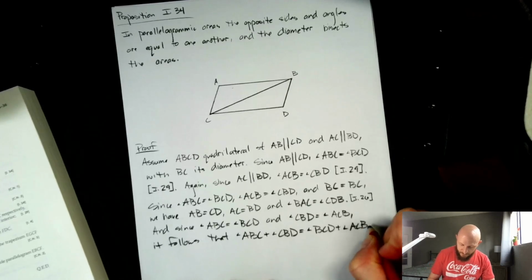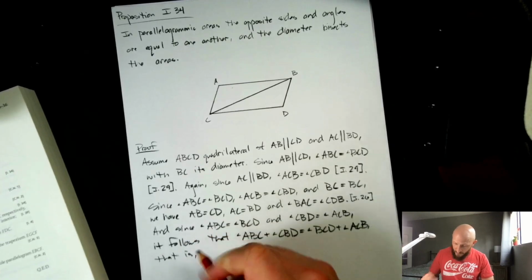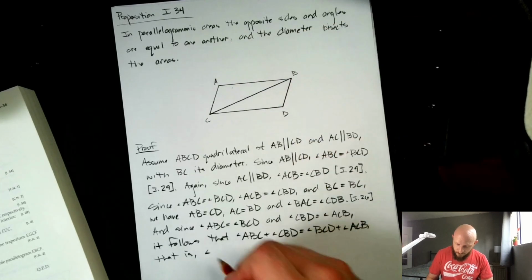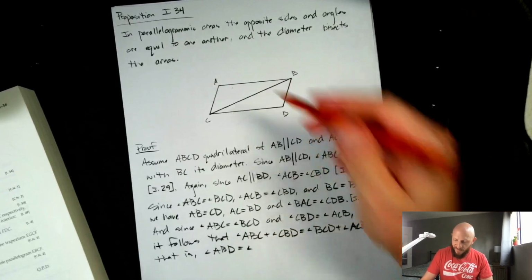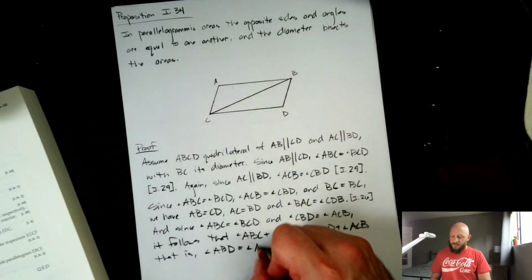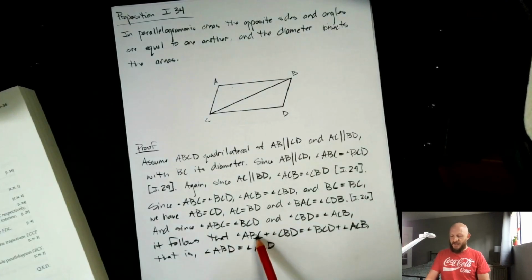That is, angle ABD equals, so ABD equals ACD, I guess. All right, because this left-hand side, ABC plus CBD, is ABD, and same thing with the right-hand side.